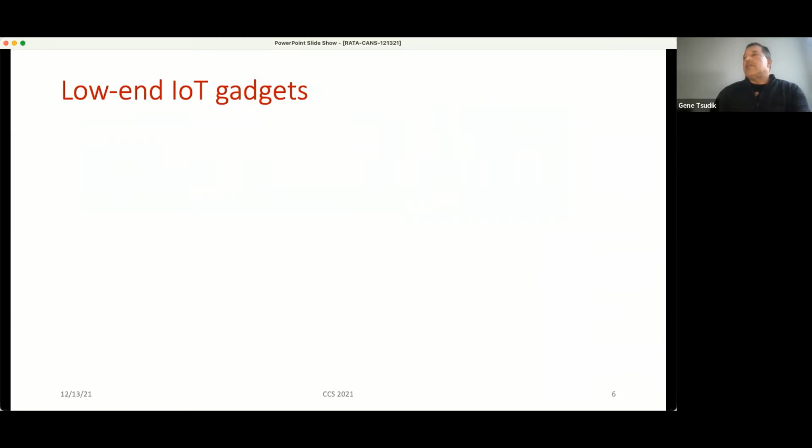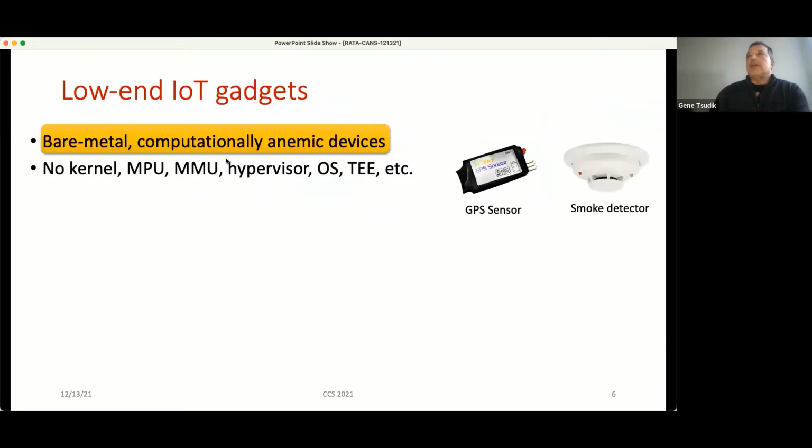The low-end IoT gadgets are the ones we're going to focus on in this talk. I call them the amoebas of the IoT world. They are the simple, single-cell organisms. And of course, they are the cheapest and the most numerous, because they generally are computationally weak, or as weak as it gets. They generally lack the trappings of more developed systems.